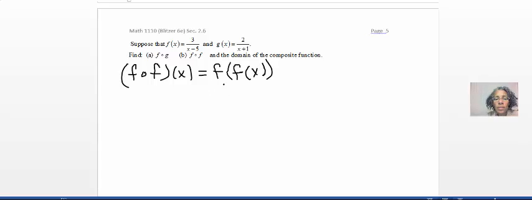And that basically tells me in the function f, so I'm looking up here at f, in place of x in f, I'm going to put f, which is 3 over x minus 5. All right, so obviously x can't be 5 or else f isn't defined. But I also can't have this denominator equaling 5 either.